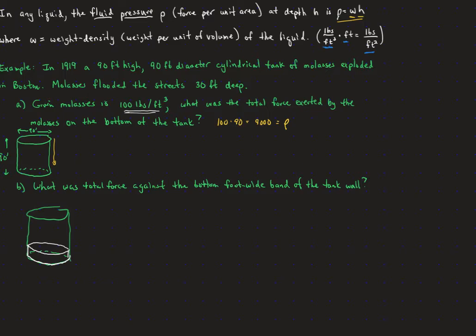That's our fluid pressure. And then that pounds per square foot, we want to multiply by the area. So the force is going to be that pounds per square foot times our area. Since the area is a circle and it's got a diameter of 90, so a radius of 45, that force is going to be that 9,000 pounds per square foot times pi times 45 squared.